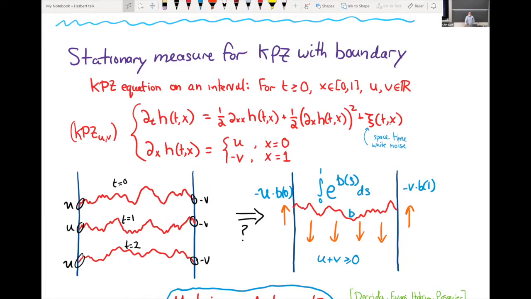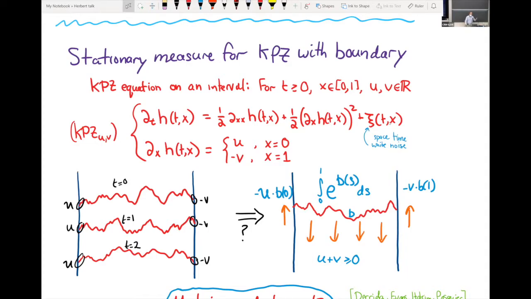The other perspective is that if you take the spatial derivative of this, what you get is something called the stochastic Burgers equation. And the stochastic Burgers equation is a continuum version of an interacting particle system. And then these boundary conditions actually become conditions on potentials, that you have certain rates at which particles get fed in on the left and on the right and taken out on the left and the right.